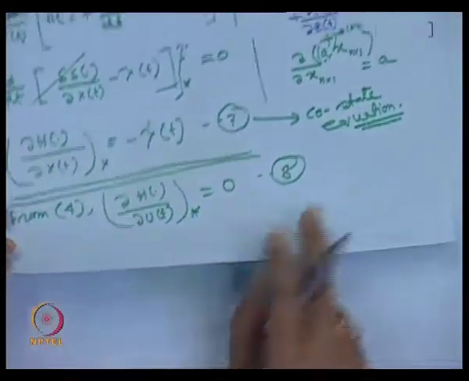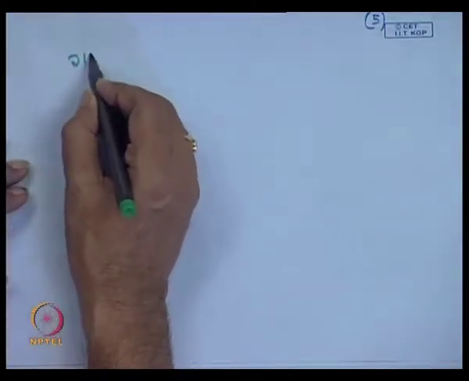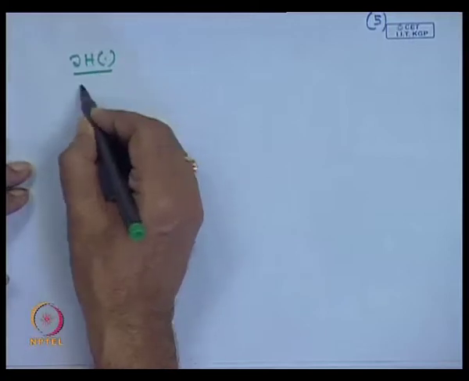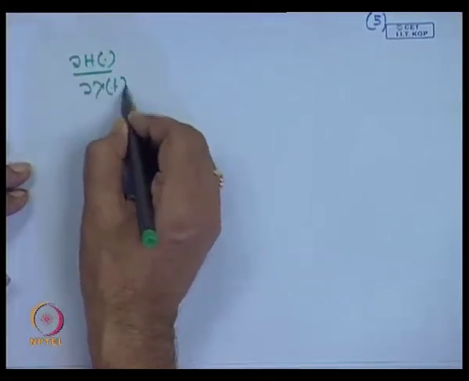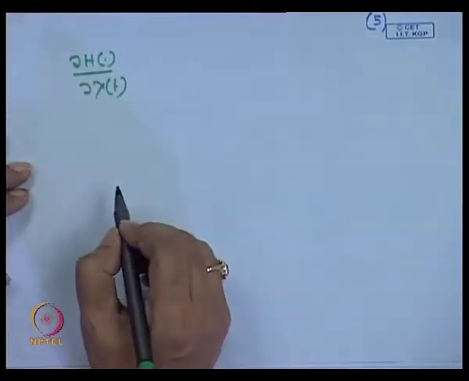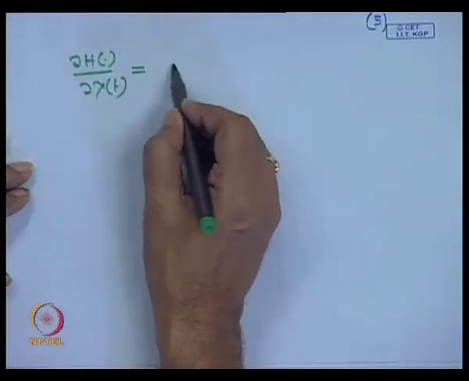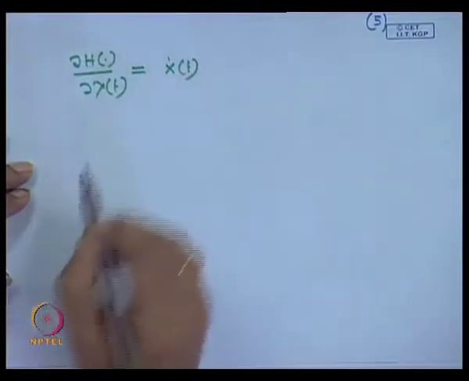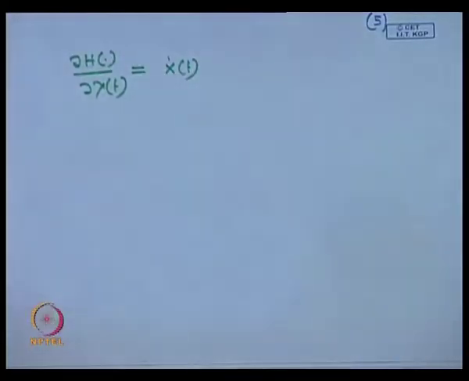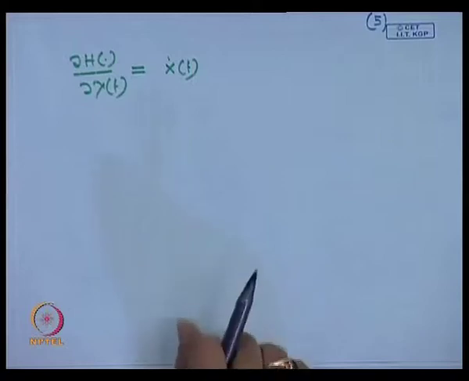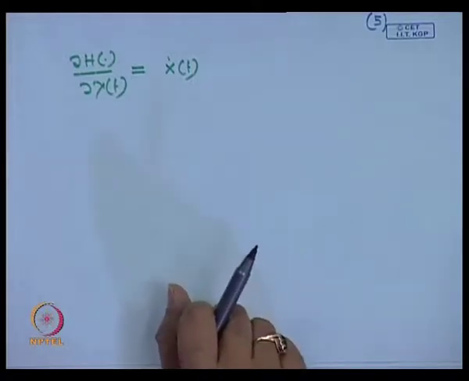Another equation one can derive this way: del H del lambda is equal to x dot of t.